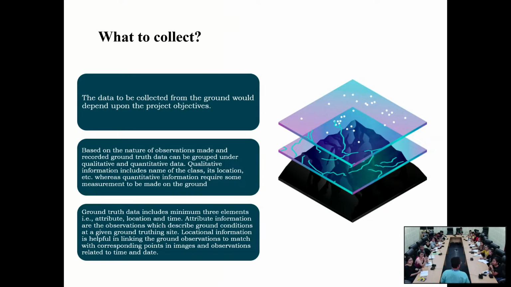Whenever we go to the field, first we see the season, in which season we are going, then the type of crop, its sowing period, condition, stress, everything we are collecting. It comes under qualitative. Then quantitative: number of plots, size of plot, that is area.